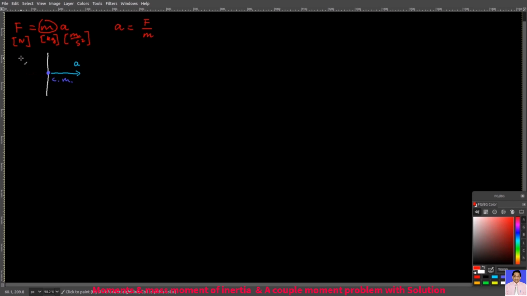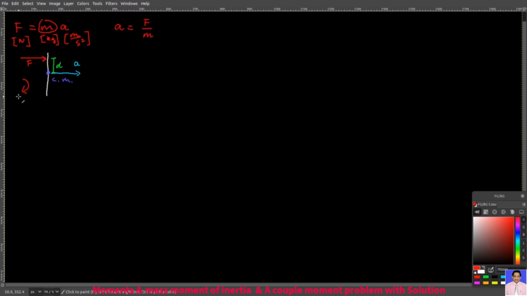However, if I now have this situation where I apply this force here, then your center of mass will still accelerate in this direction, and the acceleration still has the same magnitude. But since the force is not applied to the center of mass of the rod, there is a perpendicular distance between the line of action of the force and the center of mass.